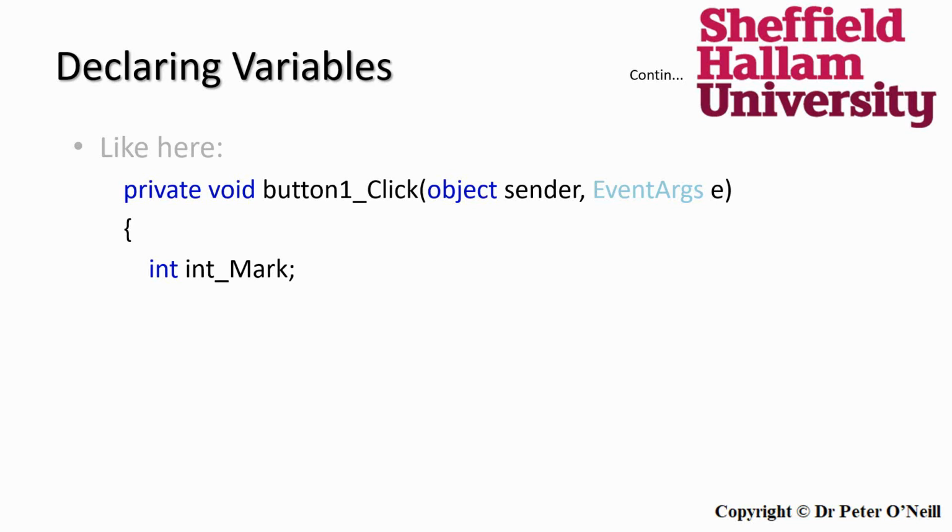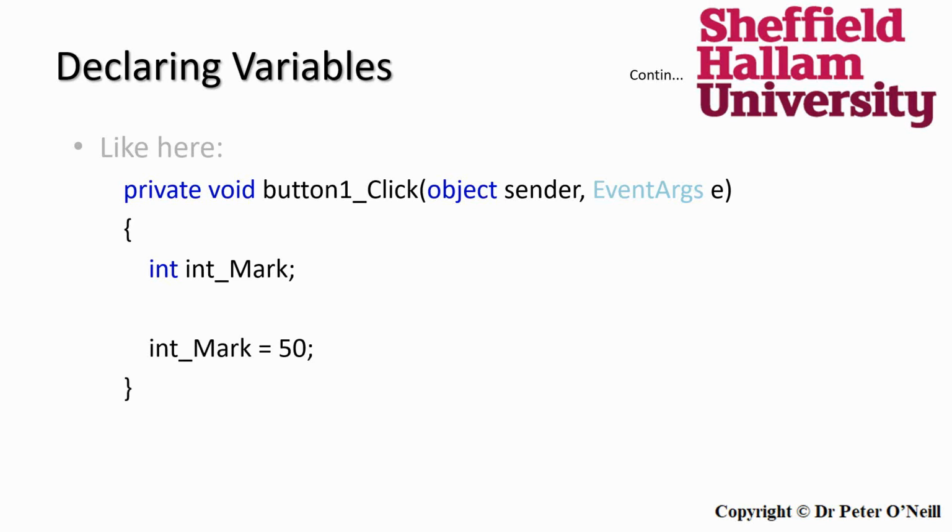In this instance, it doesn't matter, because just below it, we've got int_mark becomes 50, semicolon. Notice there I made the equal sign read as becomes. Okay? And that's probably the best way to read it when you look at it as assigning a value to a variable.